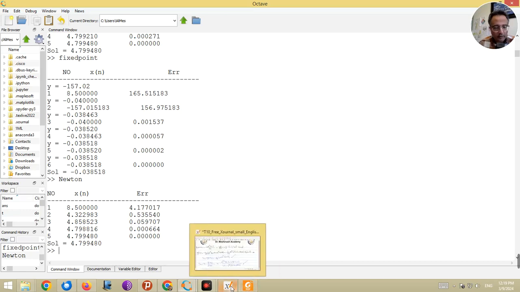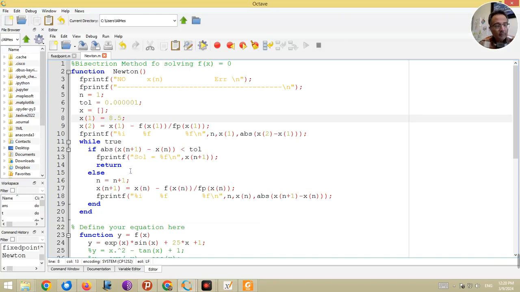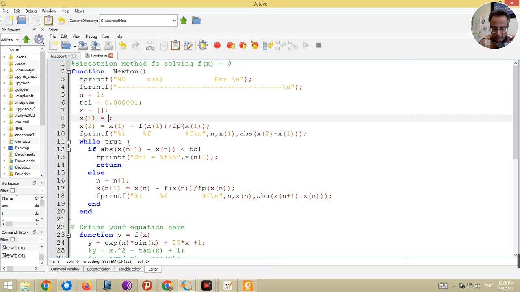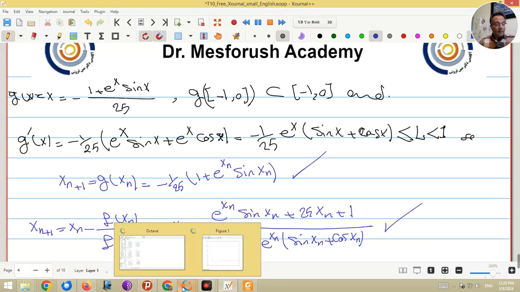Maybe if I change it, it's a little better. Let me put, for example, 9, and now it's 9.44. This is another one. And in the same way, I can change, for example, to something like 25. Let me try it. You can get the other root here. Okay, and so on.